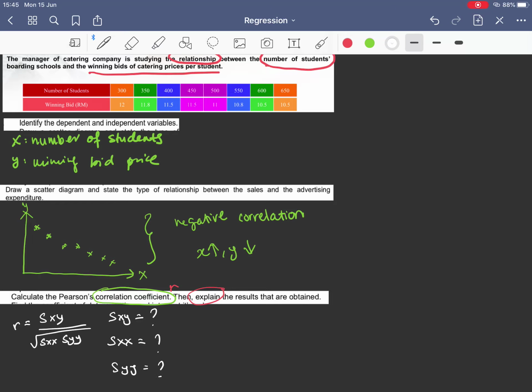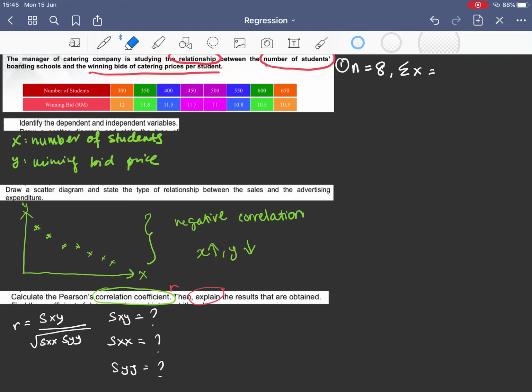So the first step you need to know is our N. Our N is 1, 2, 3, 4, 5, 6, 7, 8. So N equals 8. And then summation of X. Summation of X means hasil tambah, the summation of the independent variable.